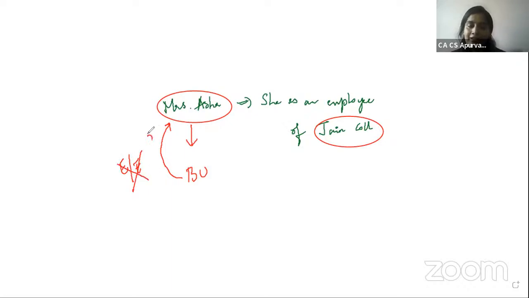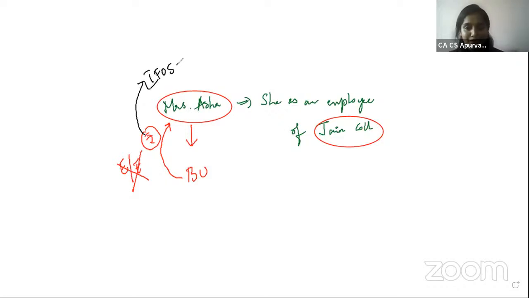That's why the fee or remuneration Asha receives from Bangalore University is not chargeable to tax under the head income from salaries. It is chargeable under our last head of income, income from other sources.